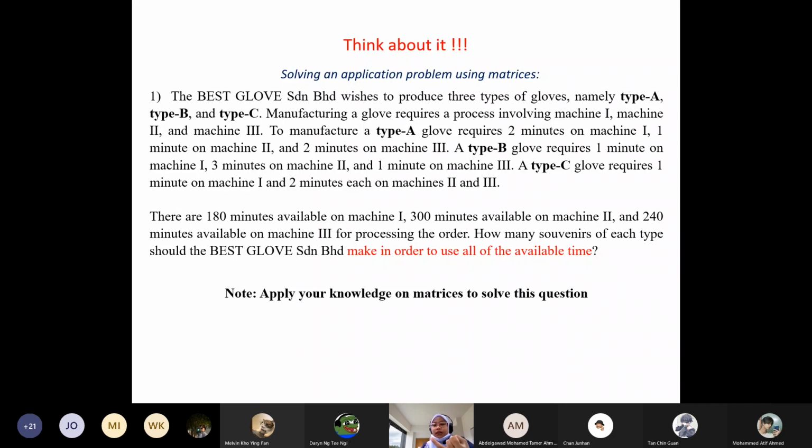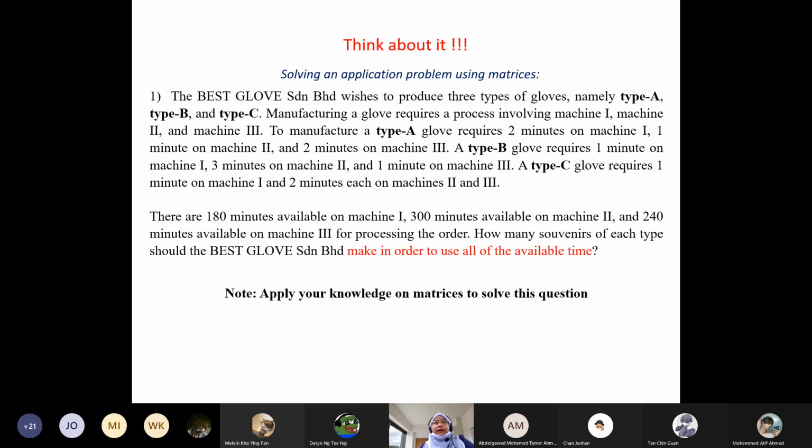So integration and differentiation, you must have this knowledge for chemical engineering. For the rest, for example mechanical, mechatronic and so on, there are lots of applications of matrices.